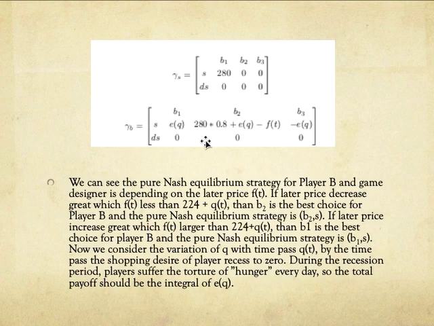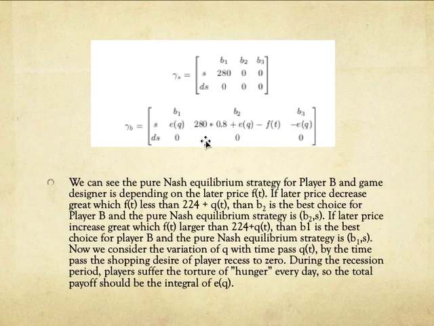Sorry. And if FT is larger than 224 plus QT, then B1, which is buying but not selling the virtual goods, is the best choice for player B. And the pure Nash equilibrium strategy is B1S.